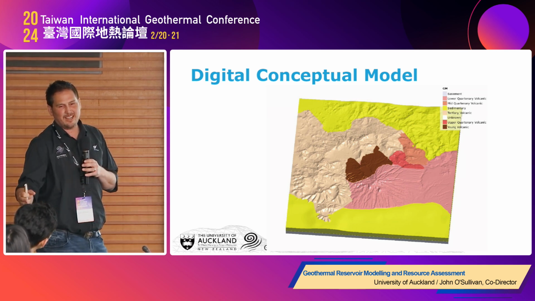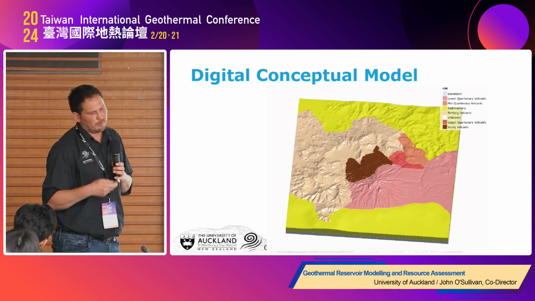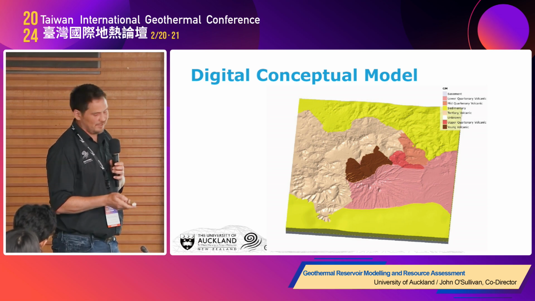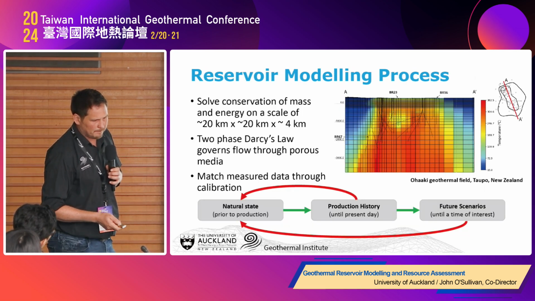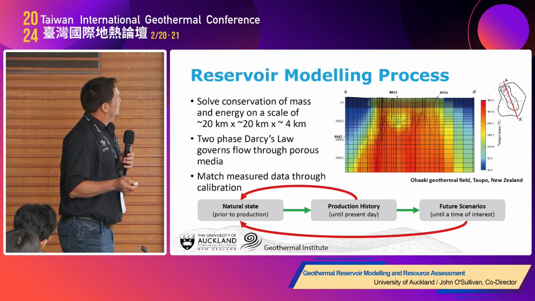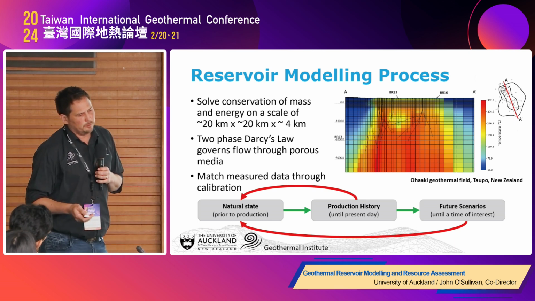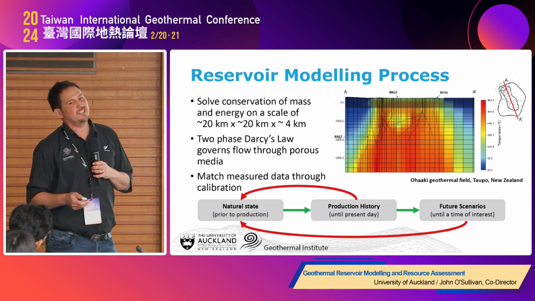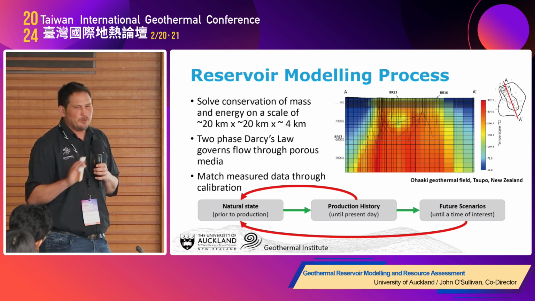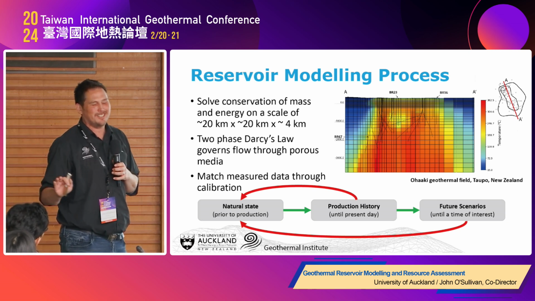They can see clearly how it relates to the numerical model, and that really helps with confidence in the modeling process. Okay, so the reservoir modeling process, the whole idea is we are going to solve conservation of mass and energy equations. I won't give you any equations today. There's going to be no test with any calculus or anything, so don't panic.